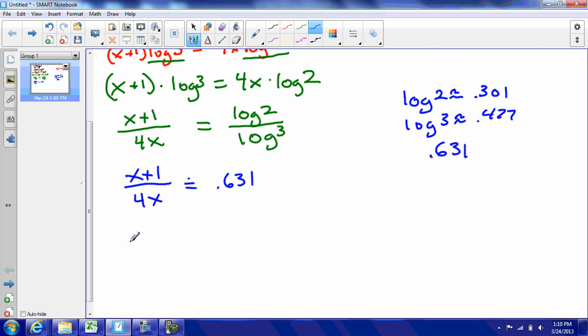I'm going to have x plus 1 approximately equal to 0.631 times 4x. X plus 1 is approximately equal to, I'm just going to multiply my 0.631 times my 4, and I'm going to get 2.524x.